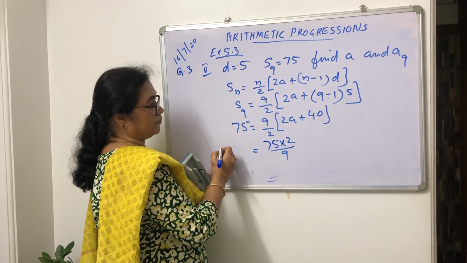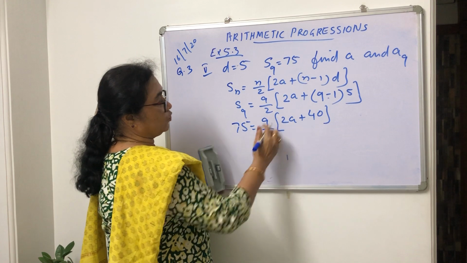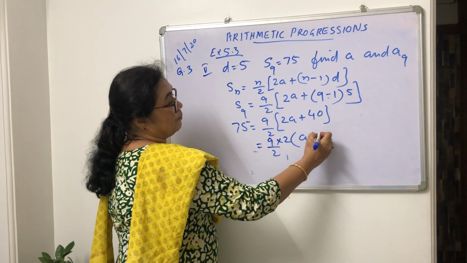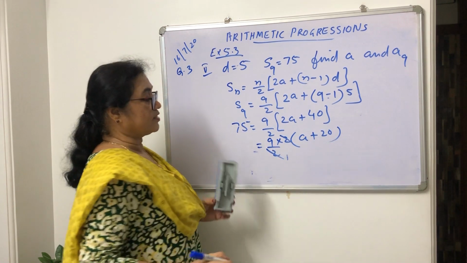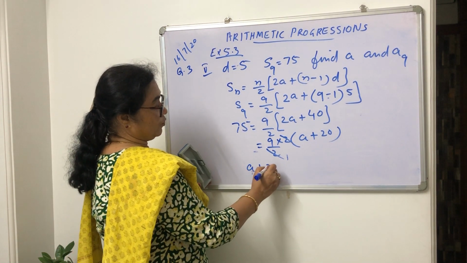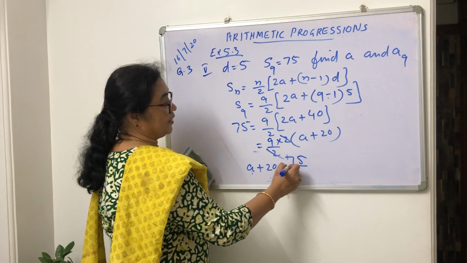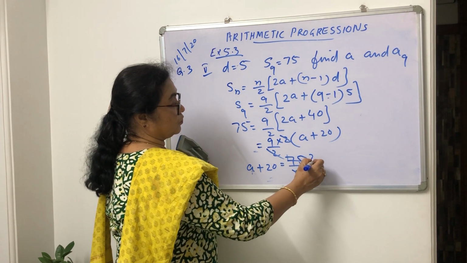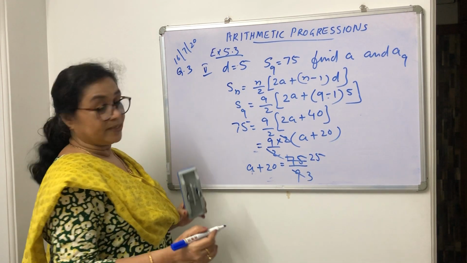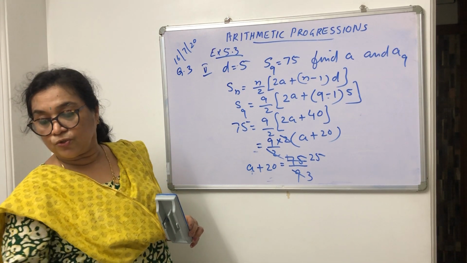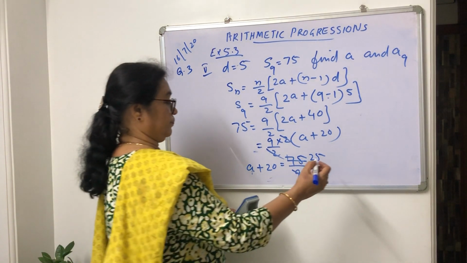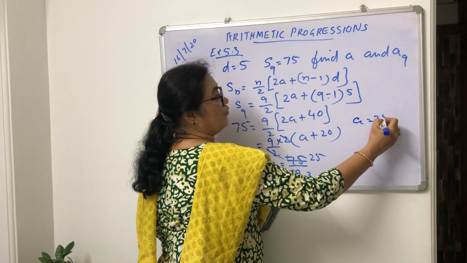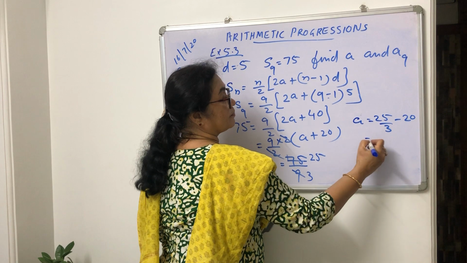Or you can do one thing, you can take 2 out here, 9 by 2 into 2 times a plus 20, this 2 and 2 cancel, then a plus 20 equal to 75 by 9, 25 by 3, so a is equal to 25 by 3 minus 20.